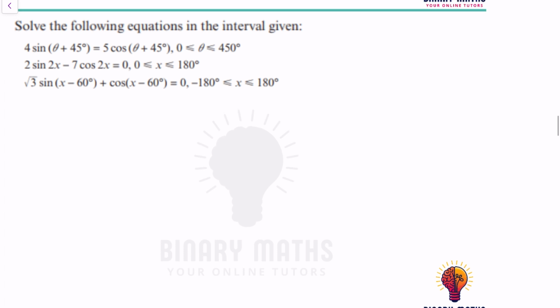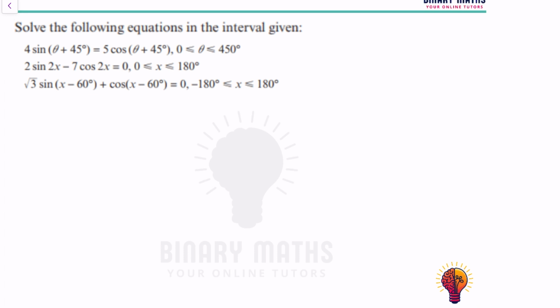Okay, solve the following equation in the interval given. 4 sine of theta plus 45 is equal to 5 cos of theta plus 45, from 0 to 450.